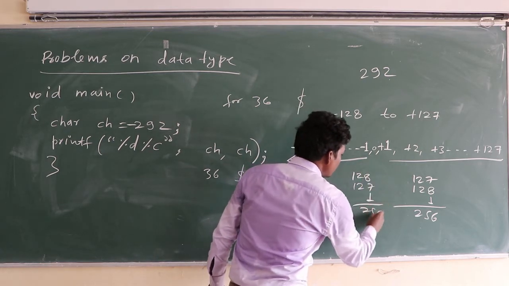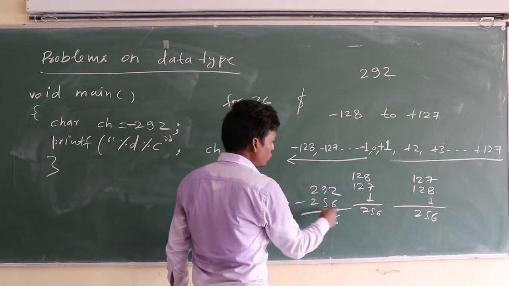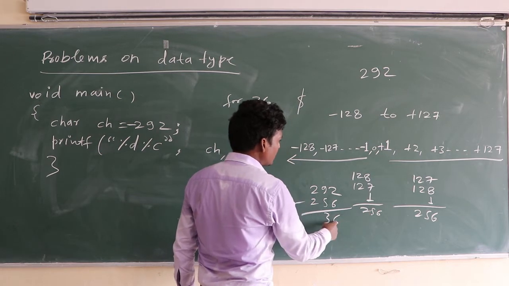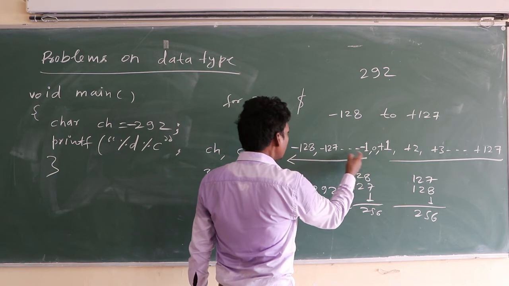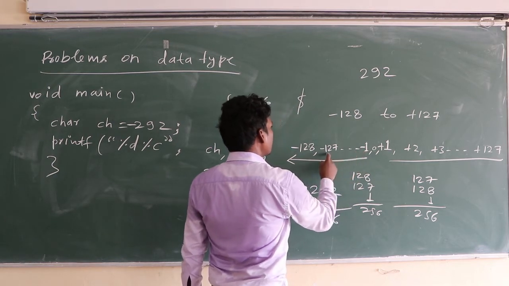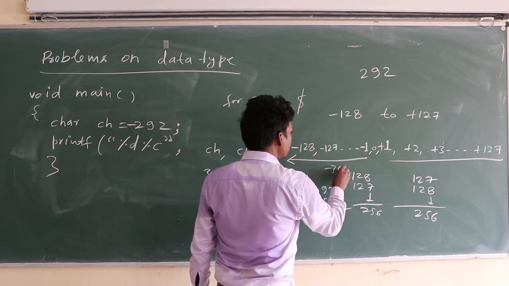Total values are 127, plus 1 for 0, so the total is 256. Again when you reduce 292 minus 256, the value is 36, but on this side it is -36. On this side you have to go 36 points, so the value will be -36 here.